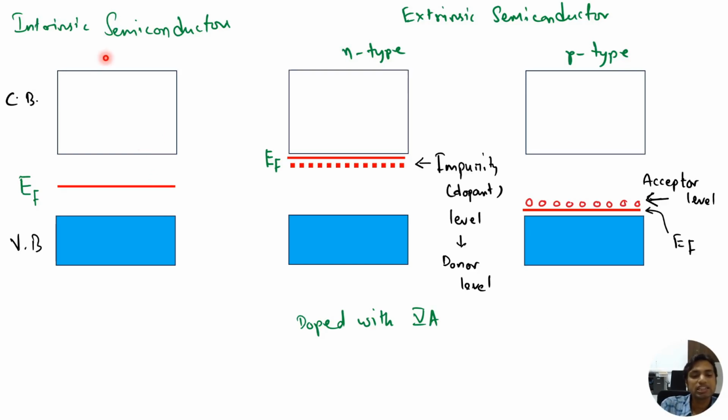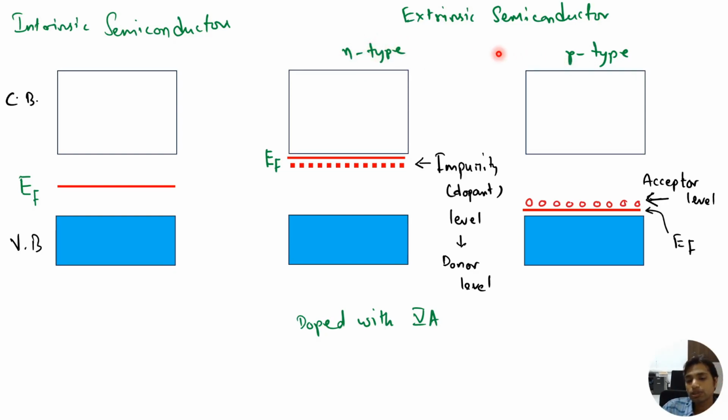So what we have is intrinsic semiconductors, and this is the picture. In a semiconductor, by convention we take the Fermi energy at the center between the conduction band and valence band. The valence band is filled and the conduction band is empty. Now for extrinsic semiconductors, you put in some impurities. The impurity can be n-type, which means you put group 5 elements as dopant.